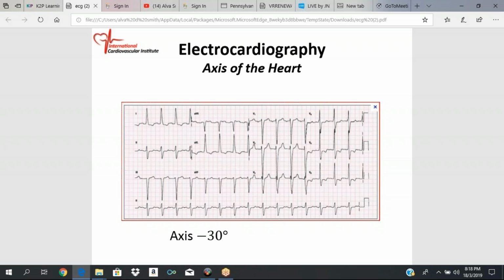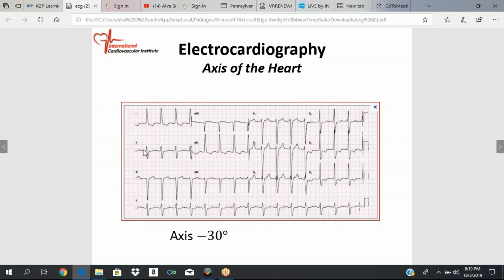When we say isoelectric, we mean the top portion is almost as big as the bottom portion, so the portion going up is almost equal to the portion going down. Looking at your regular and augmented limb leads, lead 2 is the most isoelectric.